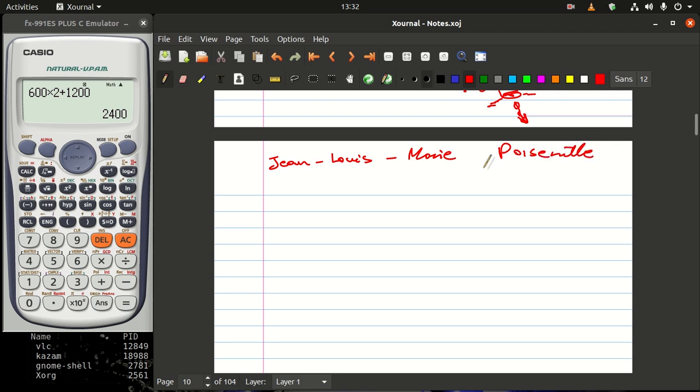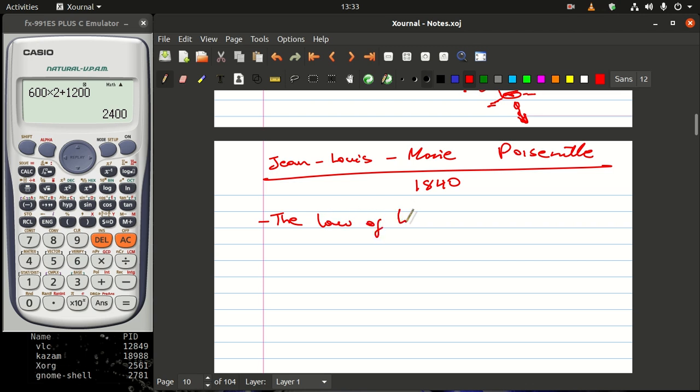Poiseuille. And Jean, in 1840, discovered what we call the law of laminar flow of fluids. This is a bad writing here.